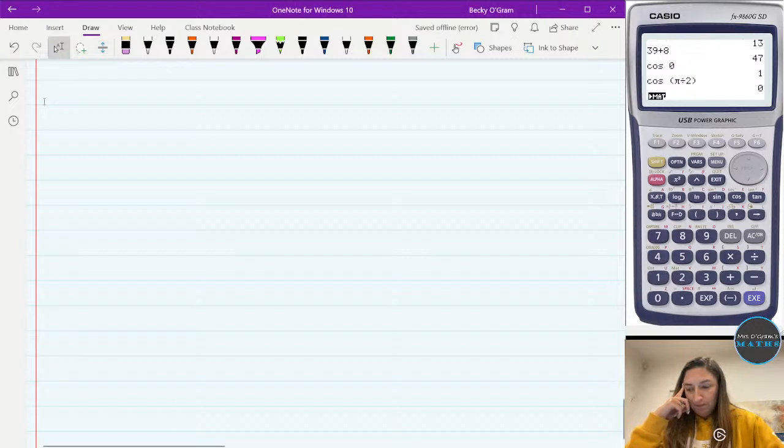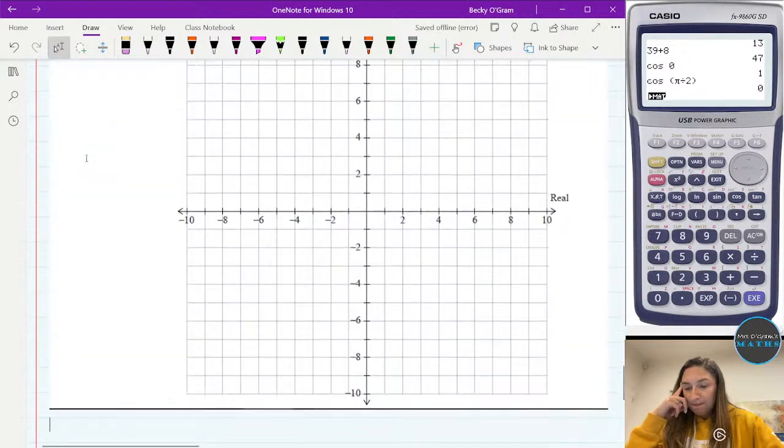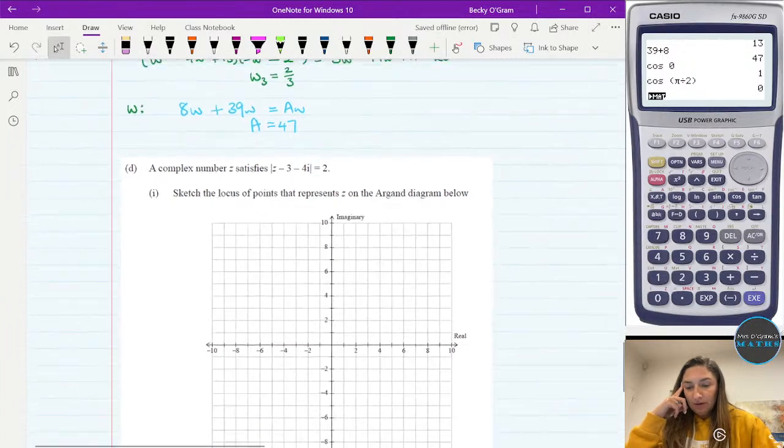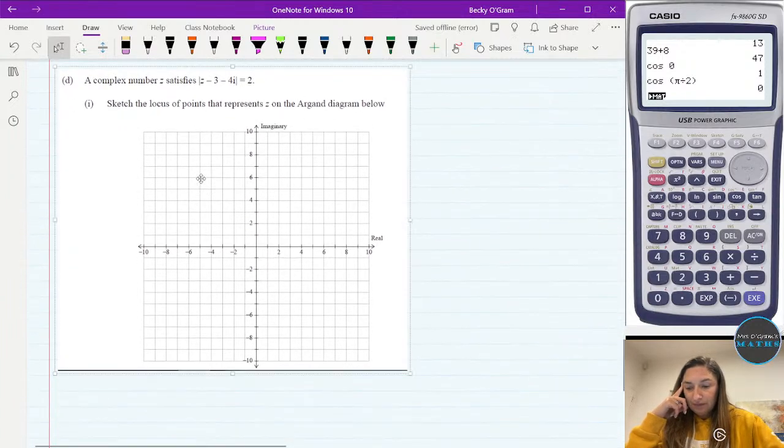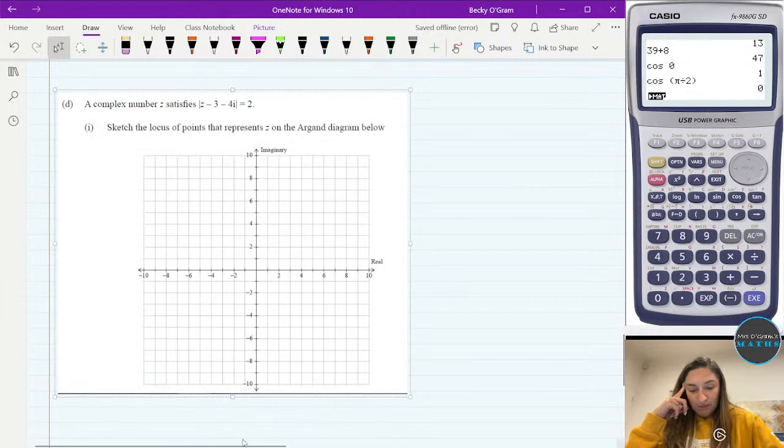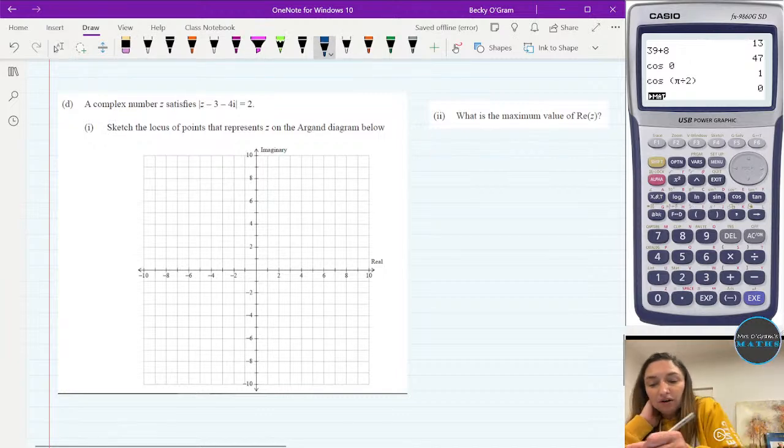Okay, and then there's another part to it as well. Okay, so this will be our complex numbers question for tomorrow.